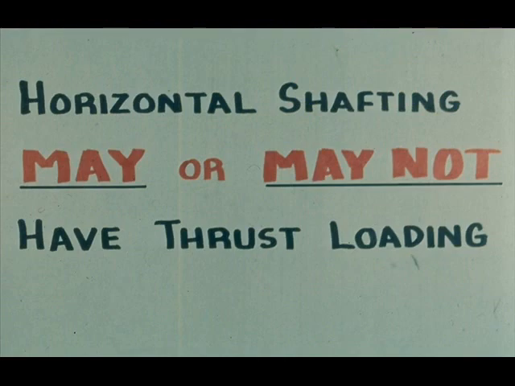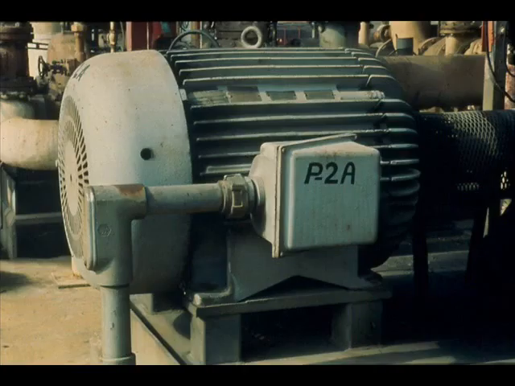In machines with horizontal shafting, axial loads may or may not be encountered. Horizontal motors, such as the one shown here, produce no thrust load as they are magnetically centered during normal operation.